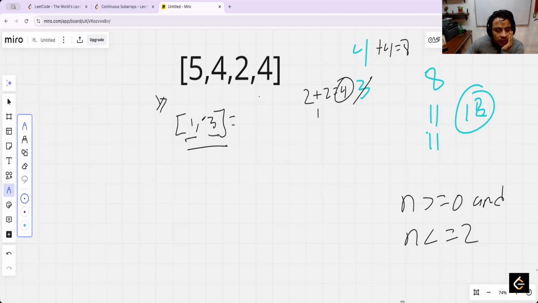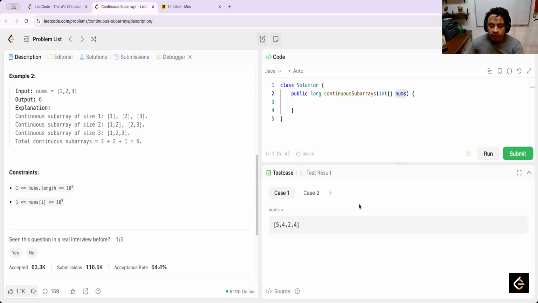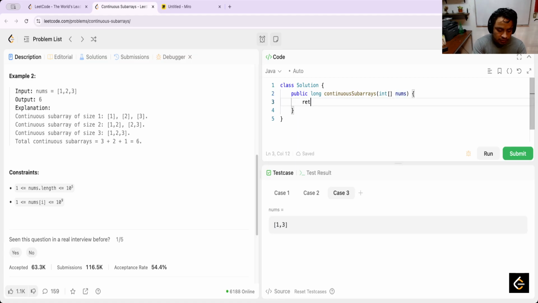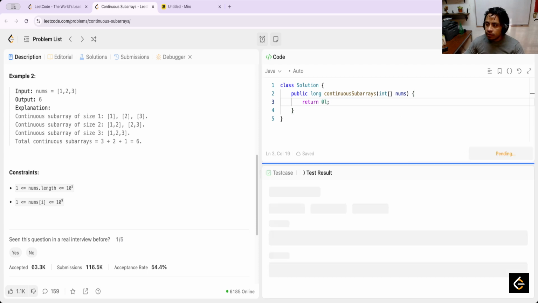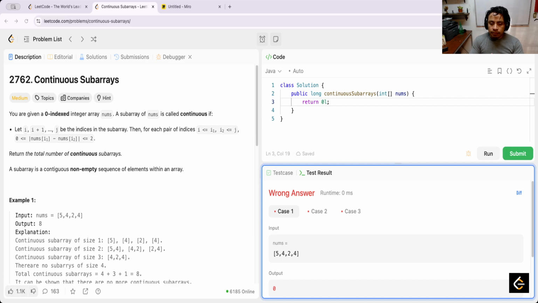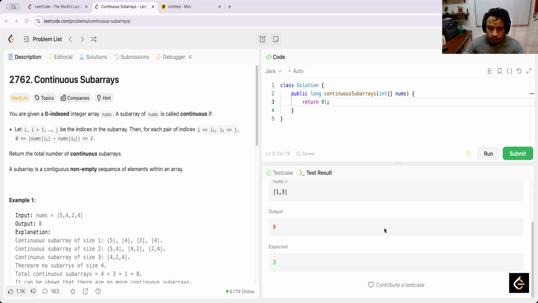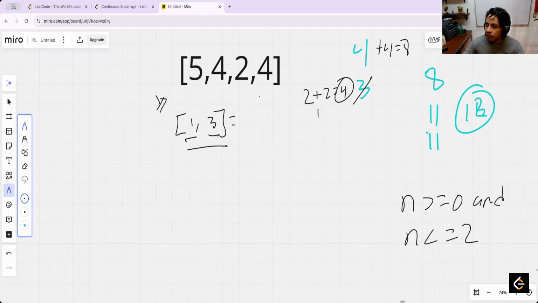Because the difference between 1 and 3 is equal to, let me check here, 1 and 3, 2, 0. Expected 3.